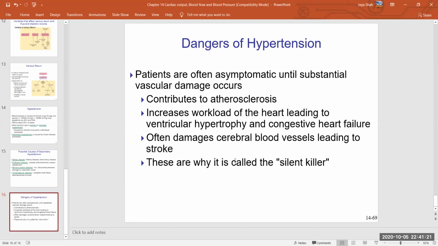It often damages several blood vessels, which leads to stroke and cerebral damage. And that's why hypertension is called a silent killer, because it does not produce any symptoms, but it has already damaged your organs. Okay? Thank you, guys.